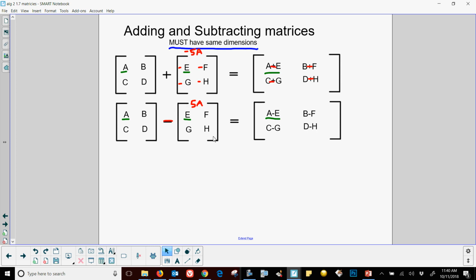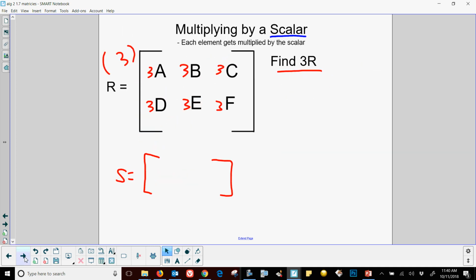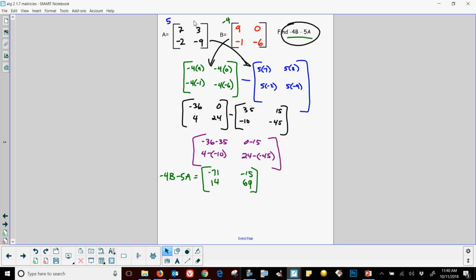Either way works. We chose to go with the positive 5 and leave the subtract out here.